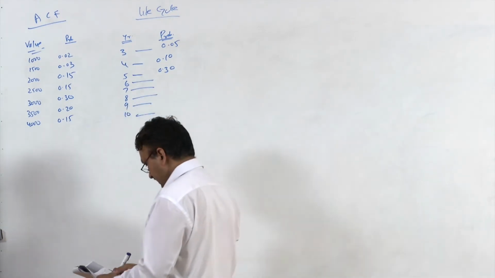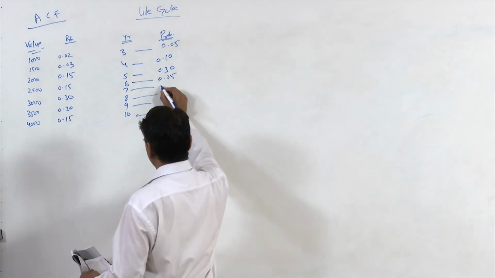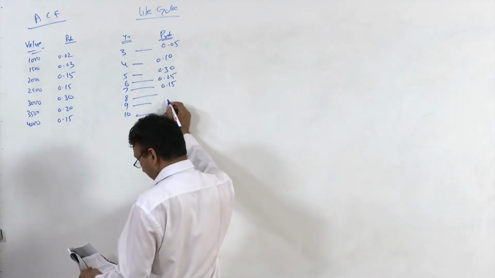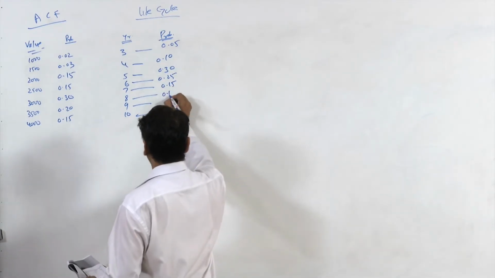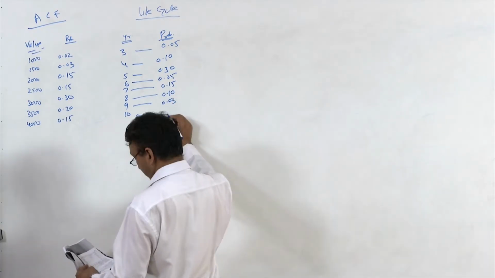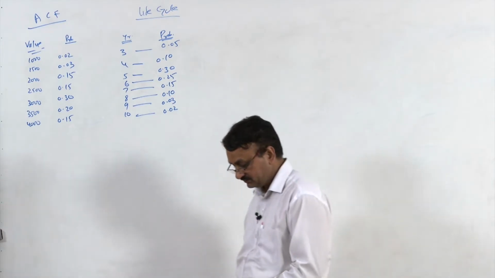So for the 6th year it is 0.25, for the 7th year it is 0.15, for the 8th year it is 0.10, for the 9th year it is 0.03, and for the 10th year it is 0.02, right.